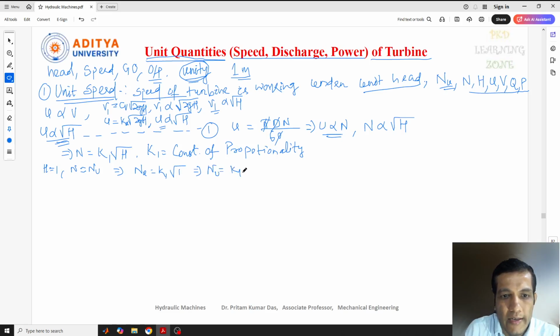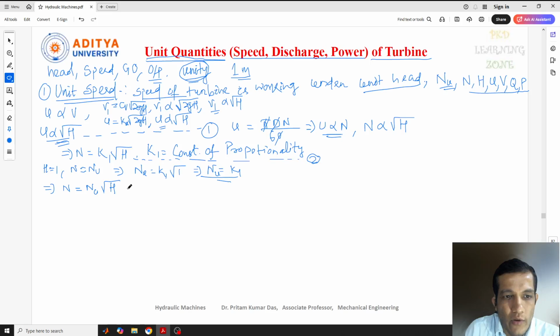So finally this is nothing but nu equal to k1, correct. Now the same value I'll put in the equation, the one we got before, which you can call equation number 2. Put the value in equation 2: n equal to nu, putting in the value of this constant, times root over of h.